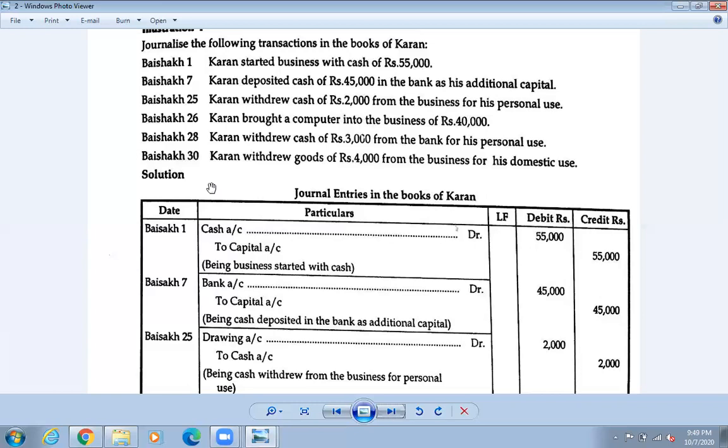Wherever you work in your business, if you take money out from that place, that is called drawing. So current withdrew cash of 2,000 from the business for his personal use. That means for himself. Okay, so for his personal use he has withdrawn 2,000 rupees.